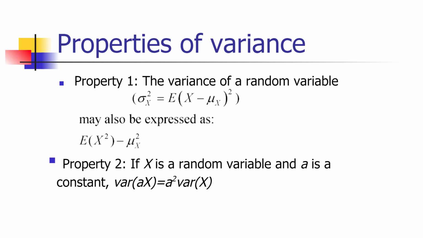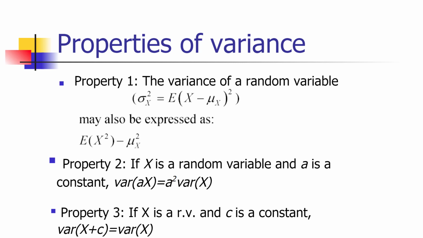The last property of variance that we're going to use now is that if x is a random variable and c is a constant, the variance of x plus that constant will equal the variance of x. And the reason is fairly simple when you think about it. If x increases by a given amount, so will the mean of x.